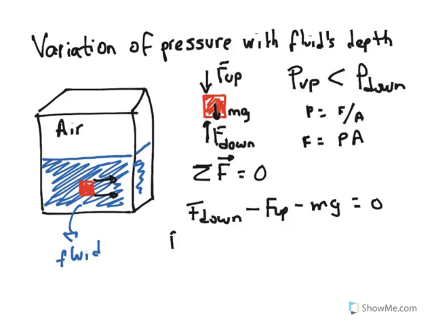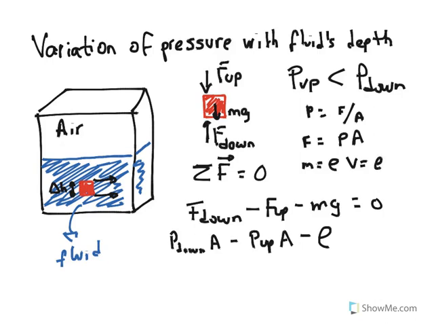This means it is going to be the pressure downwards times the transverse area, minus the pressure upwards times the transverse area, minus, and of course once again knowing that mass is equal to density times volume, because density equals mass over volume, this is going to be density times volume, and volume is going to be a difference of height of the body times the transverse area.